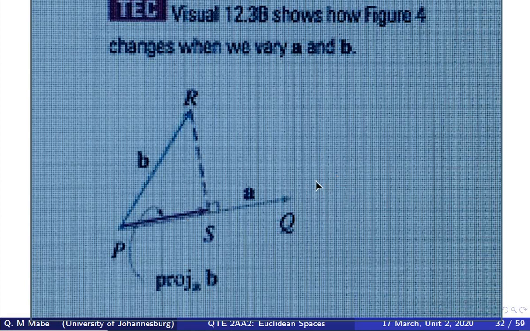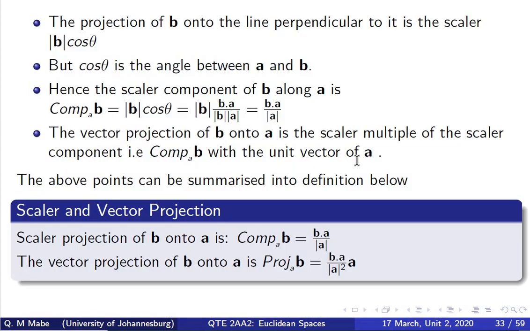Because it has a magnitude and a direction. So a projection of B onto the line perpendicular to it is the scalar B cos theta.